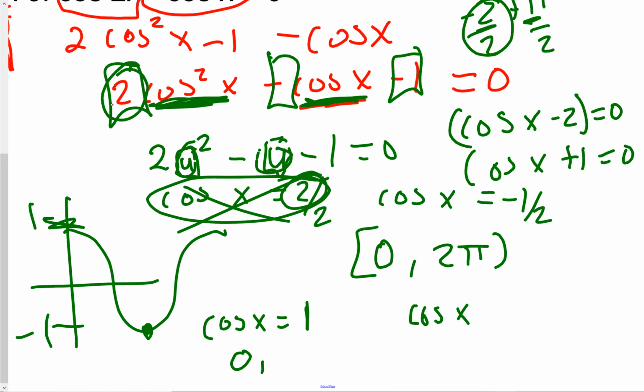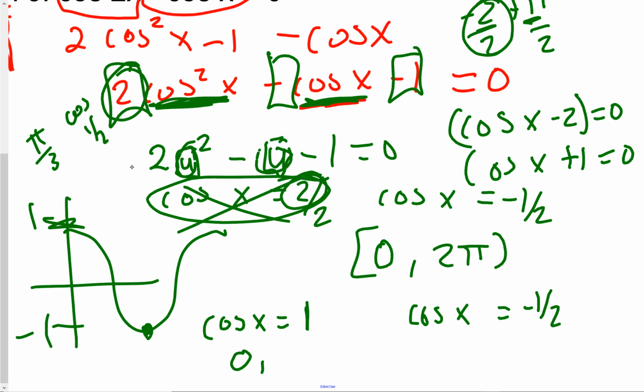So where's cosine -1/2? Well, pi sixth would be sine is 1/2, right? So that means that pi thirds would be cosine is 1/2. So pi thirds cosine is 1/2, but I want a negative, right? So that means I need to be on the left.